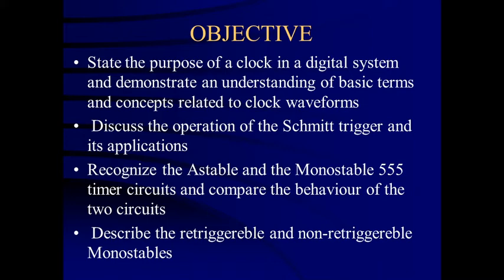So a monostable also can be retriggerable. That means during the same trigger pulse, it can be triggered again and again, or during that pulse, it cannot be retriggered again by giving a trigger pulse. That is called retriggerable and non-retriggerable. So that concept also we are going to study here.